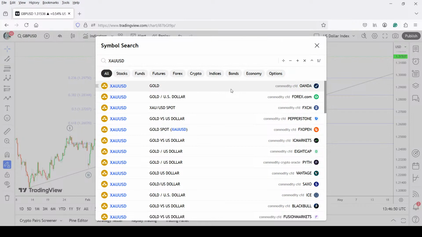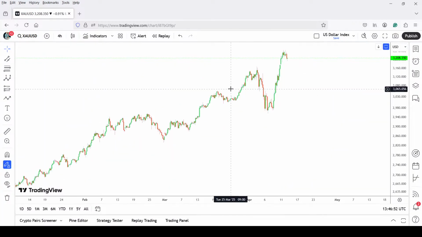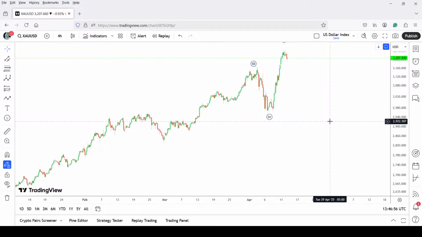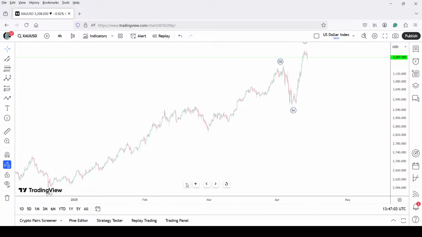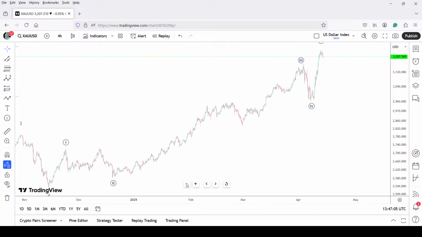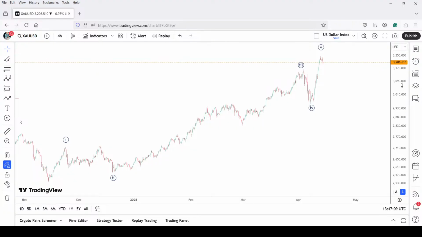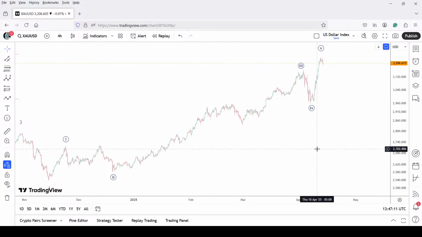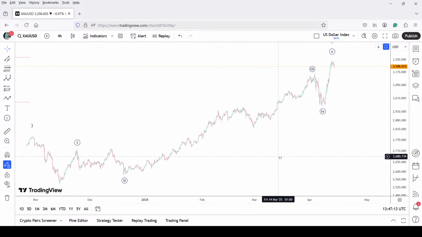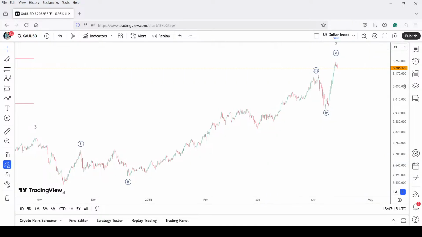And now let's have a look at gold. Okay, gold. If you look at the wave structure first, the wave structure in gold is indicating a potential fifth wave termination at 3 different degrees.